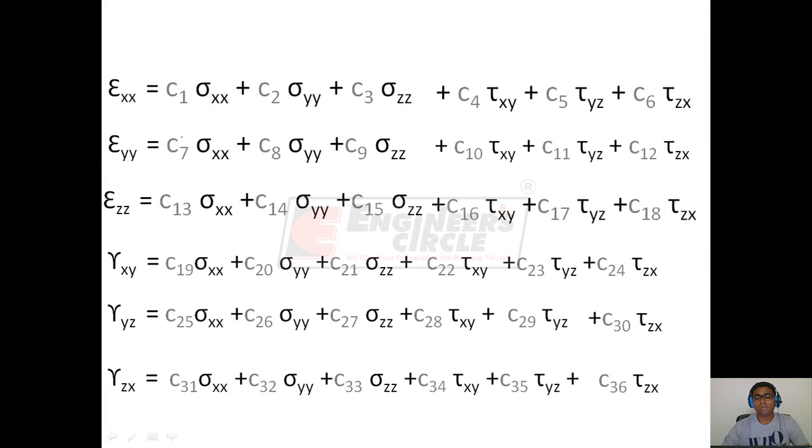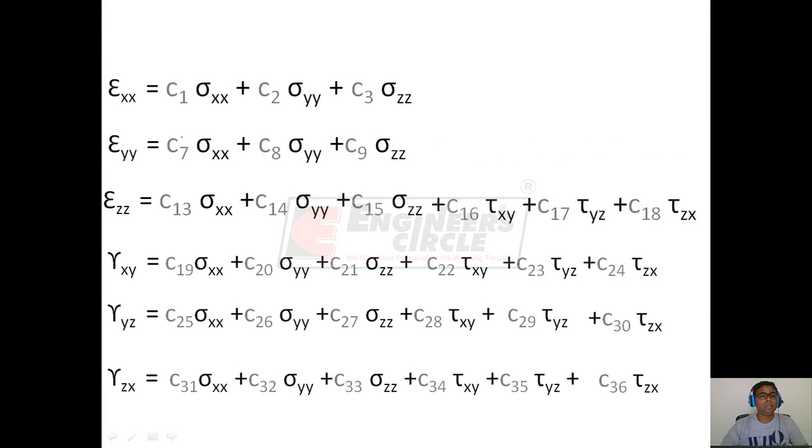Therefore, C4, C5, C6 become 0. So we can eliminate them. Similarly, normal strain epsilon yy depends only on normal stresses and does not depend on shear stresses. Therefore, C10, C11, C12 become 0.